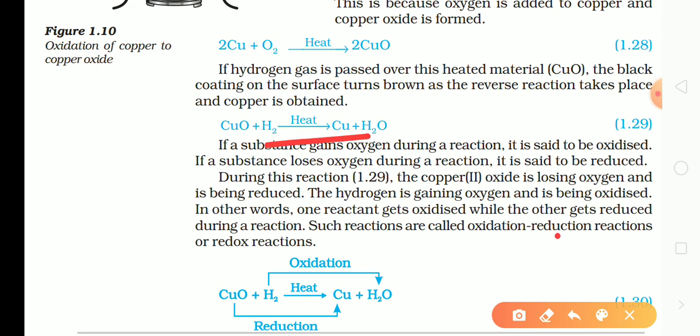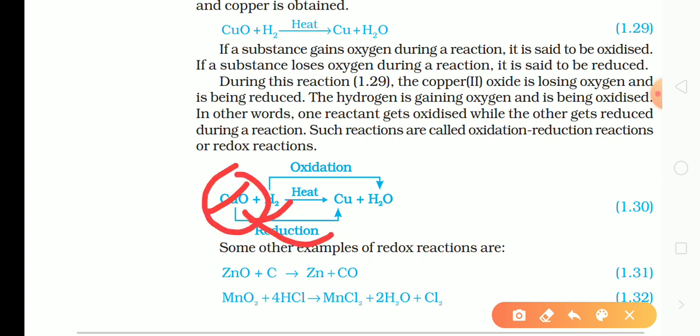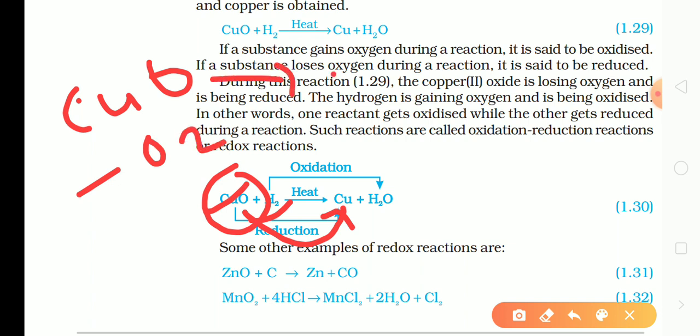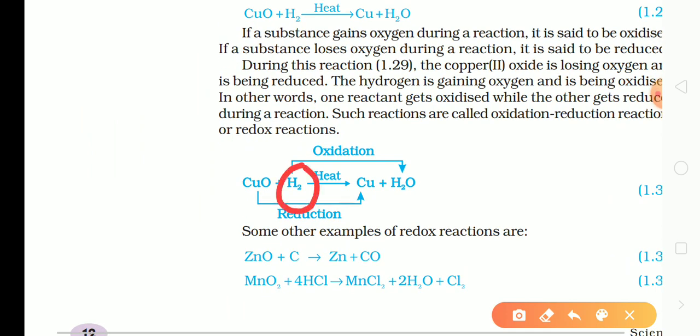Check out this reaction. When copper oxide is treated with hydrogen, copper oxide loses oxygen to become copper. Copper oxide loses oxygen, which means copper oxide gets reduced, right? Now look at the second part of the equation. Hydrogen got oxygen and converted to water.